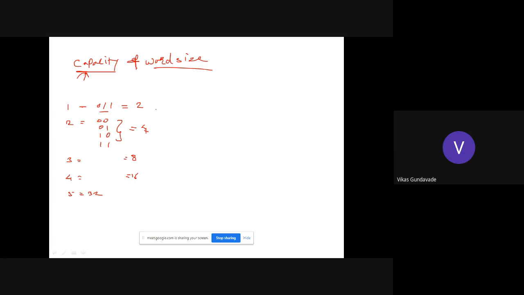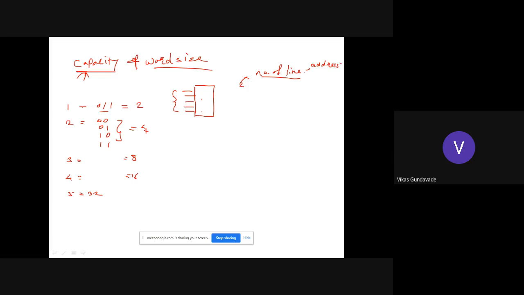That means, depending upon the number of lines which are interfaced to a specific memory, the capacity of that memory will get defined. And this capacity is represented in terms of an equation as 2 raised to x, where x is the number of lines which are interfaced to the memory. And these lines are address lines.